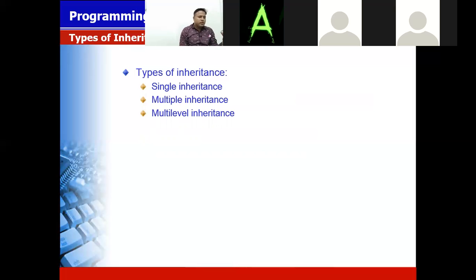Java supports single inheritance. Java supports multi-level inheritance, but Java doesn't support multiple inheritance. Okay. Multiple inheritance in Java is implemented in the case of interfaces. So in interfaces, we use multiple inheritance.